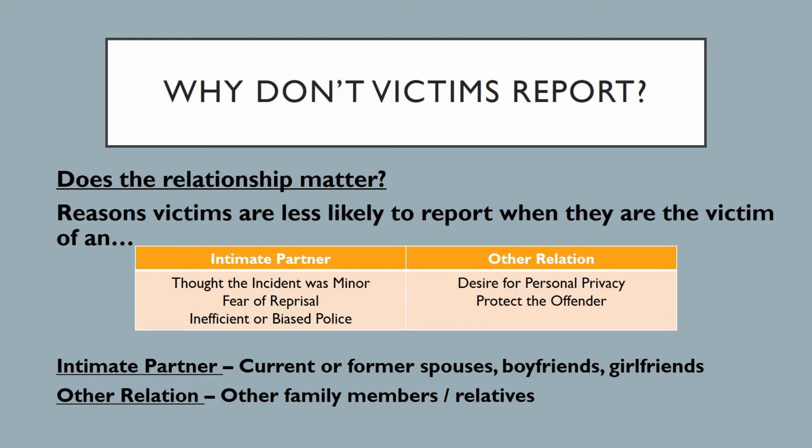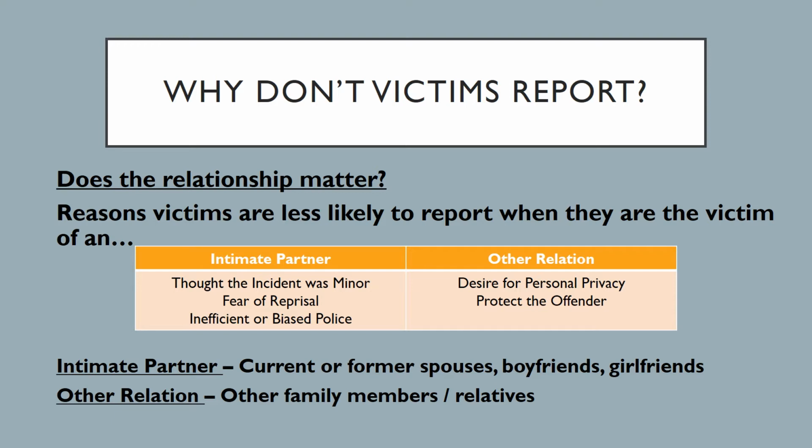However, when we look at other types of relationships, so maybe dating, minor relationships, or where the people have not established what we would label as an intimate partner relationship, two of the big reasons for not reporting are, first, the desire for personal privacy, right? This person's only been dating for a while, and you're thinking, I don't want the world to hear about my bad issues within my dating life.